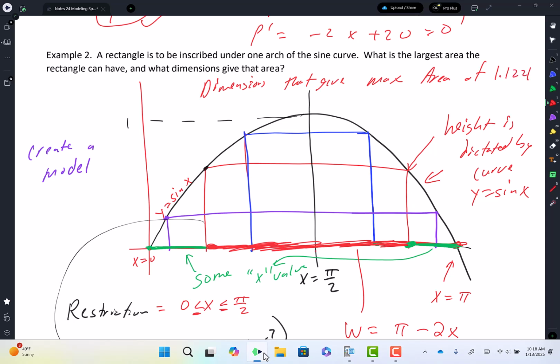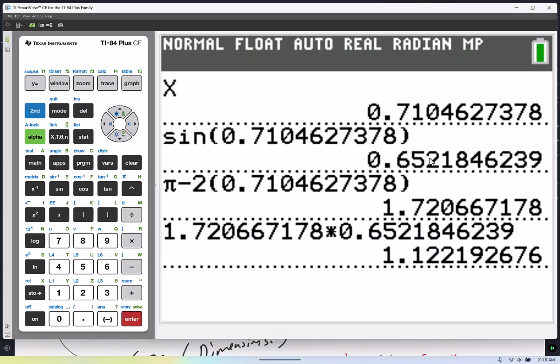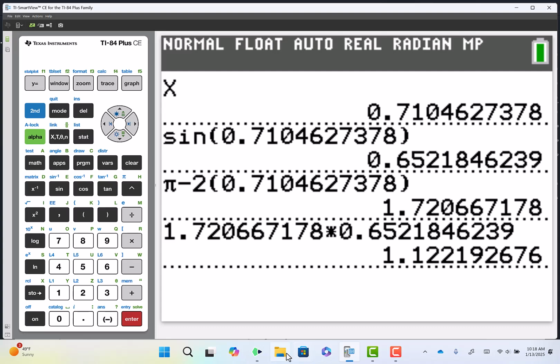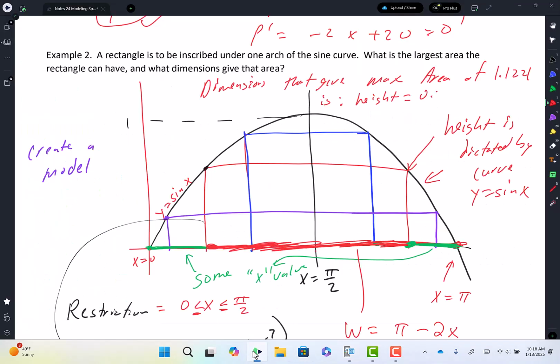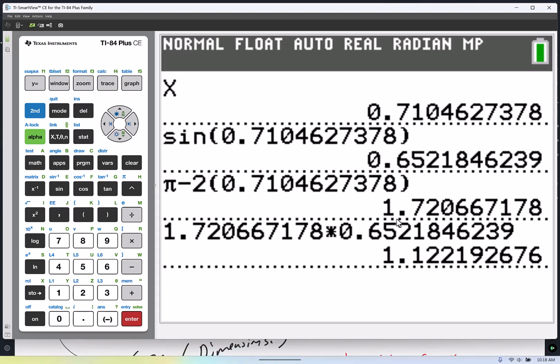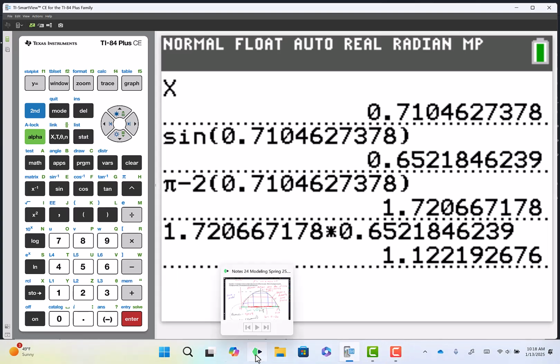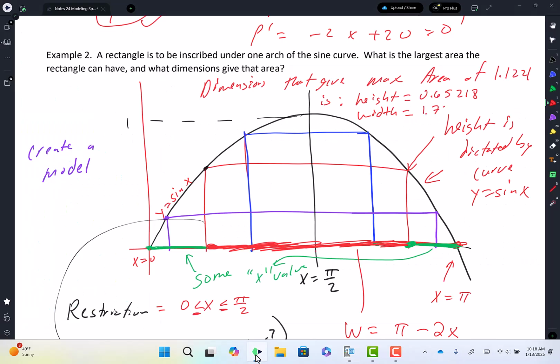Dimensions that give max area of 1.1221: height equals 0.65218, at least 3 digits after the decimal. Width equals 1.72066. That's truncated. And there it is, guys.